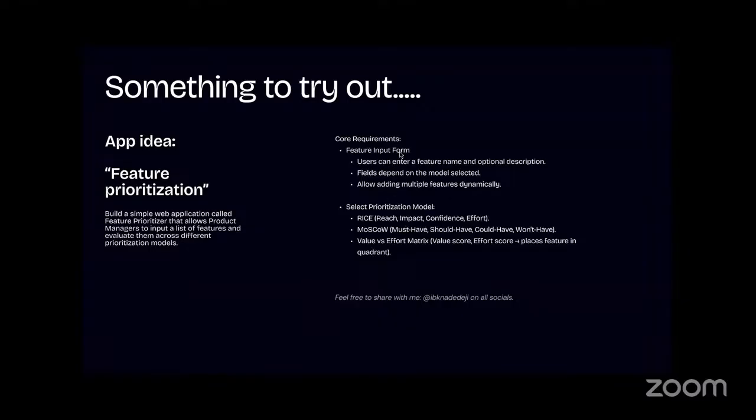And what you want to add is a feature input form where users can enter a feature name and an optional description. Then the fields depend on the model selected. Then you now allow adding multiple features dynamically, right? So based on the feature that you've put and how you want it to be evaluated, you literally just do this, and it's going to be a super cool personal tool for you as a product manager.